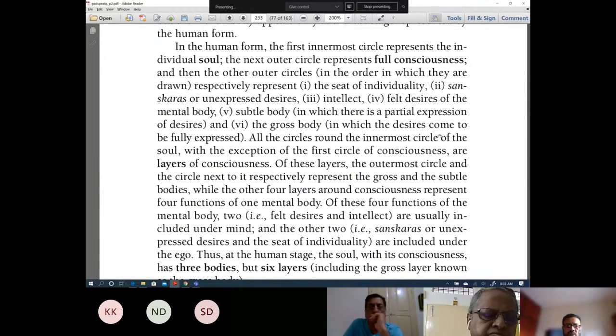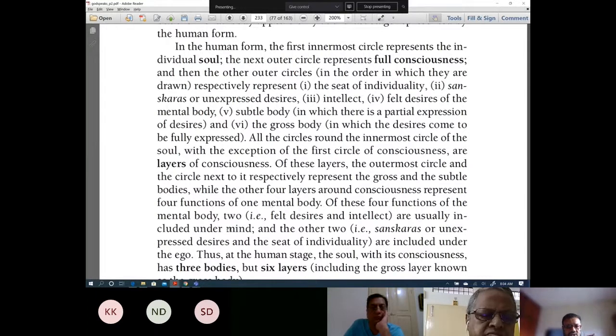All the circles around the innermost circle of the soul, with the exception of the first circle of consciousness, are layers of consciousness. Of these layers, the outermost circle and the circle next to it respectively represent the gross and the subtle bodies, while the other four layers around consciousness represent four functions of one mental body.